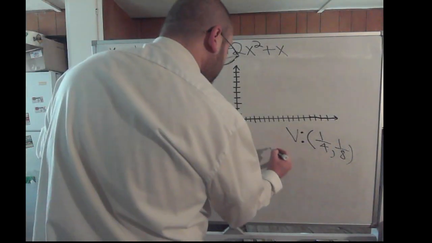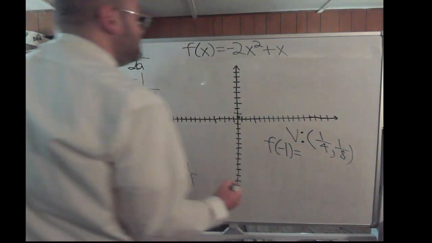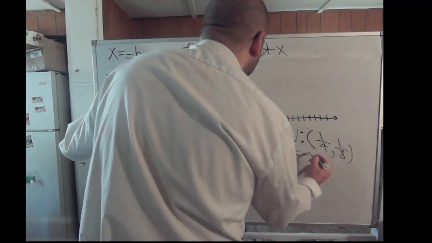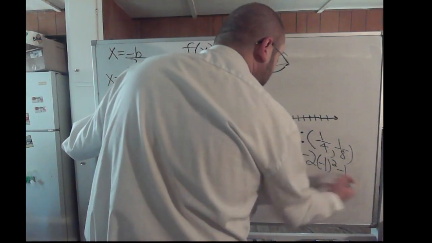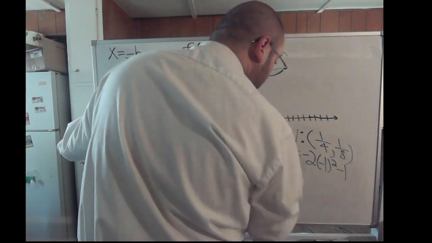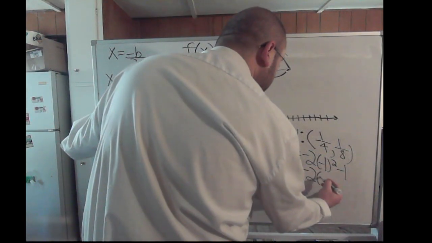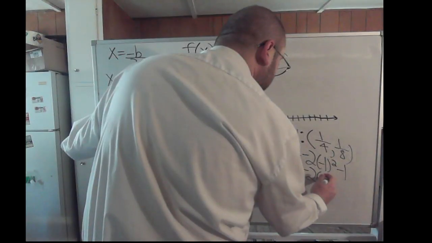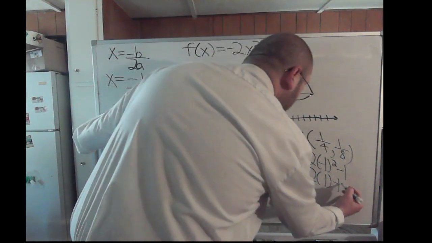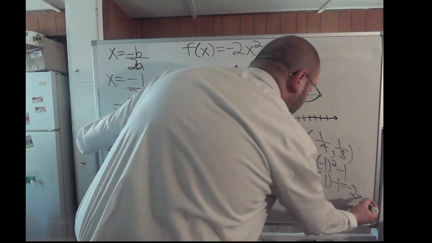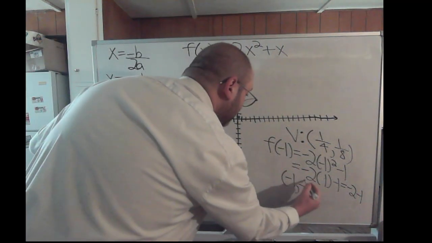Let's put in f of negative 1. That'd be equal to negative 2 times negative 1 to the second minus 1. Negative 1 to the second is positive 1, so you'll have negative 2 times positive 1 minus 1, which would equal negative 2 minus 1, which is negative 3. So you have the point negative 1, negative 3.